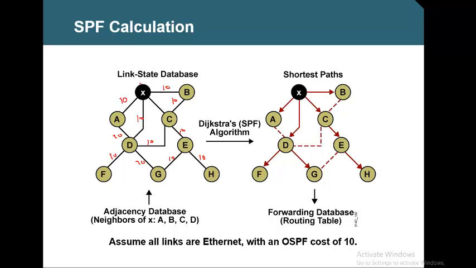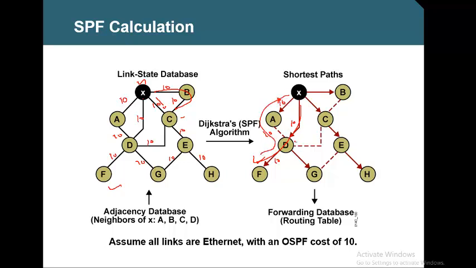Now for X to reach C, this is the best path because it's only 10. If you come this way, it is 20. Likewise, to reach F, this is the best path because it is 10 plus 10. If you come the other way, it is 10 plus 10 plus 10, which is 30.